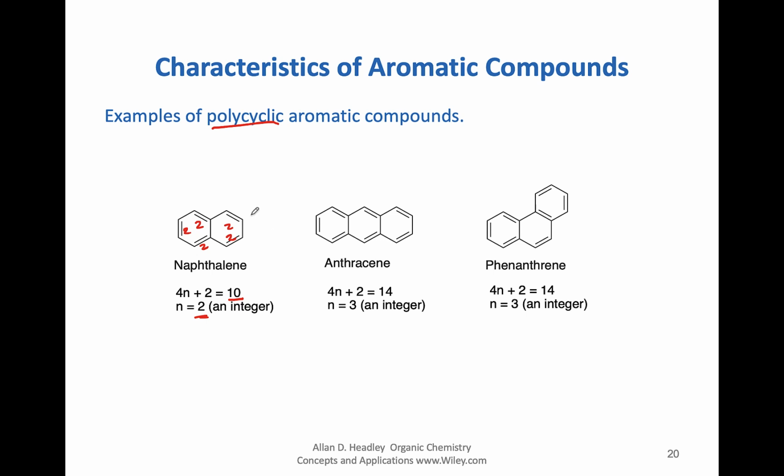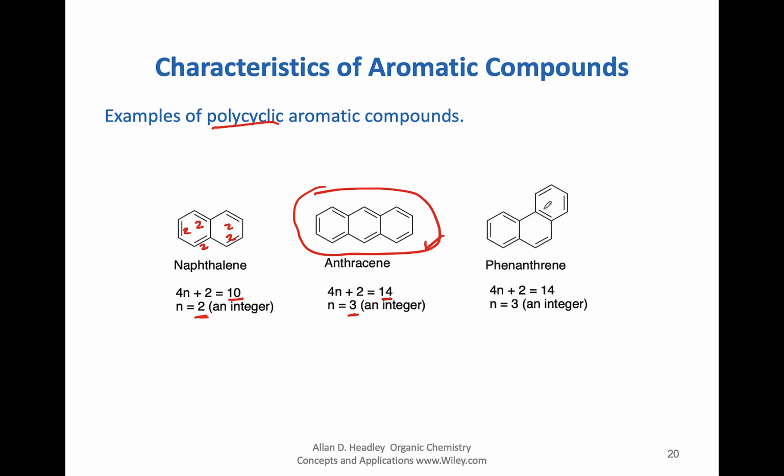Is it cyclic? Yes, it is. Are the electrons all delocalized throughout? Yes, they are, so that's aromatic. Same here. You'll count and see that the number of electrons for this system, anthracene, is 14, which makes n an integer, 3, which means that this is aromatic. And let's look at this one.